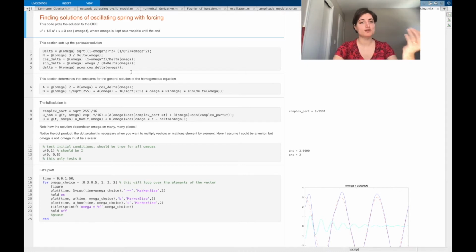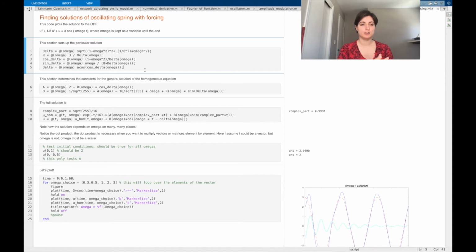It's just an application of the formulas. Small delta is r cosine of cos delta. Once we have all these blocks, we can compute A and B as a function of r and small delta. Actually, B is going to be a function of A, but all in all, this is something we can do.